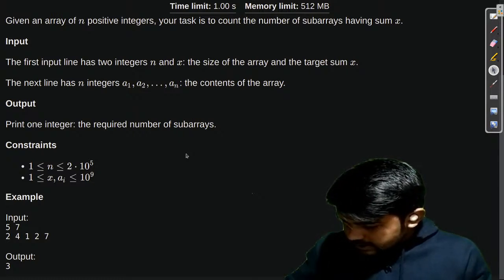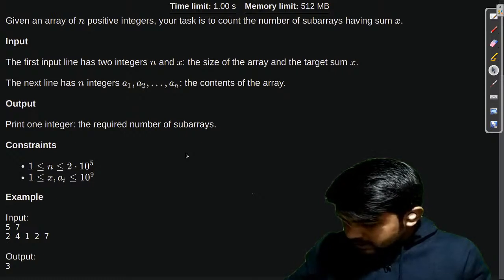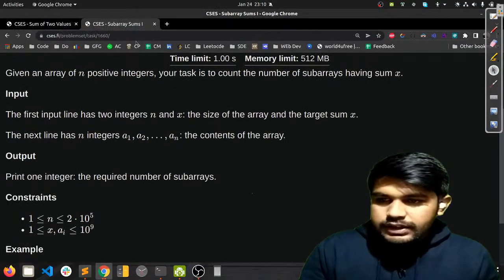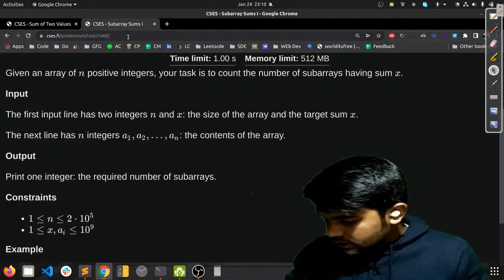Subarray sum, and this would be... just let me open the CSES problem set. And what is the link? 1660.